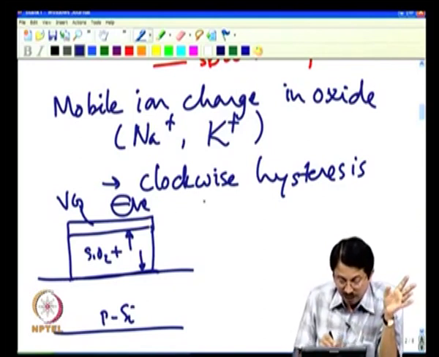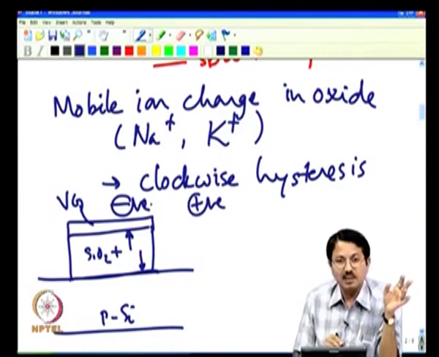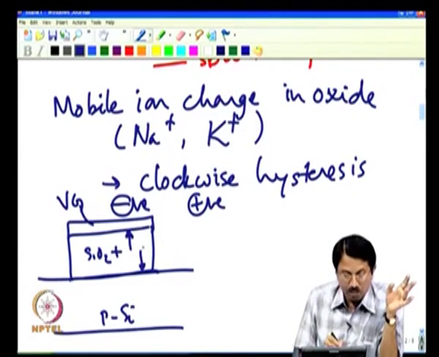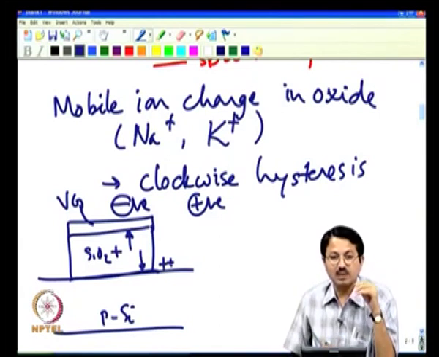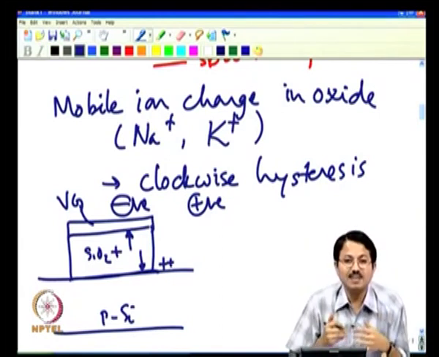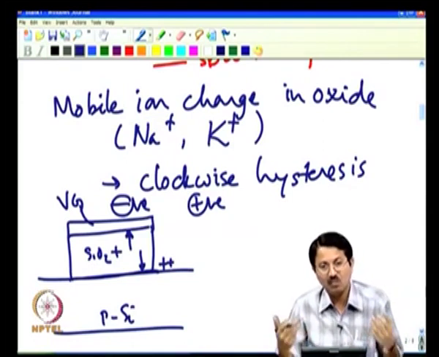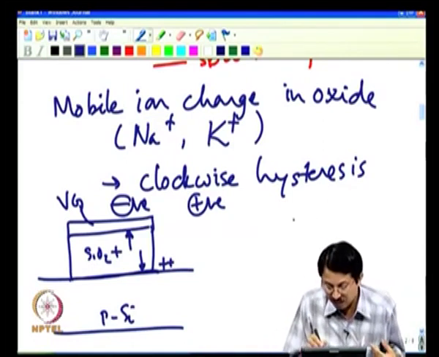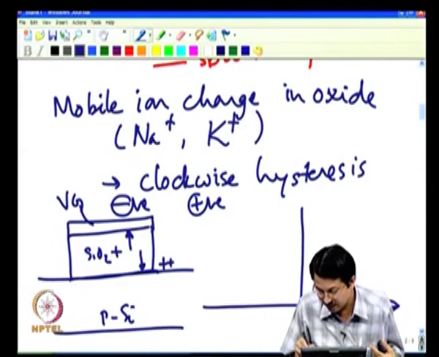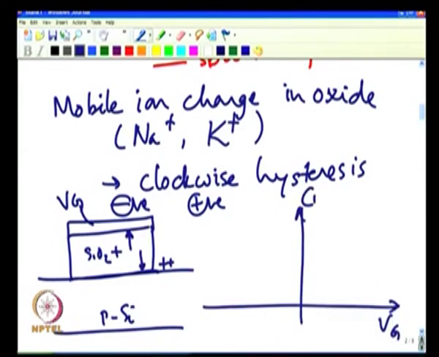On the other hand, if I have a positive voltage, then all these charges will be repelled by the positive gate voltage, and they will all move to this interface. But again, this movement takes time, it will not respond instantaneously, and that time is also on the order of a few seconds. So now just imagine what will happen because of this. I have this gate voltage and this capacitance curve.